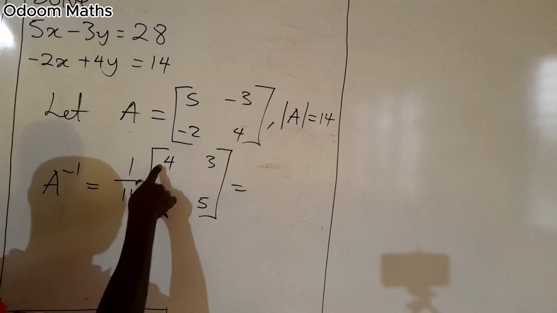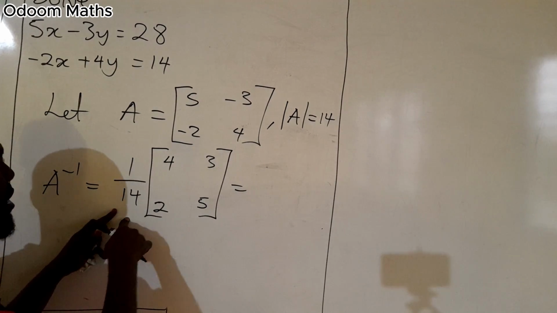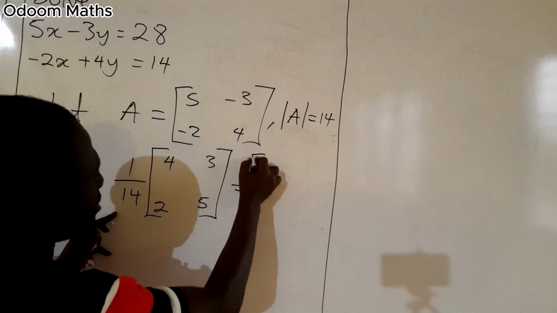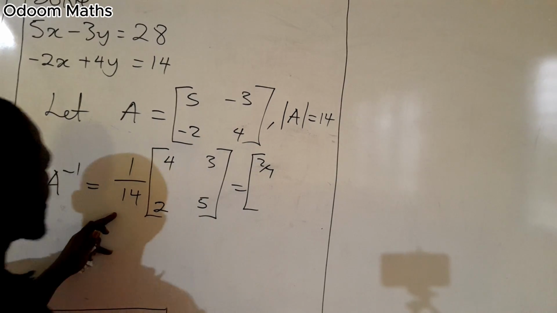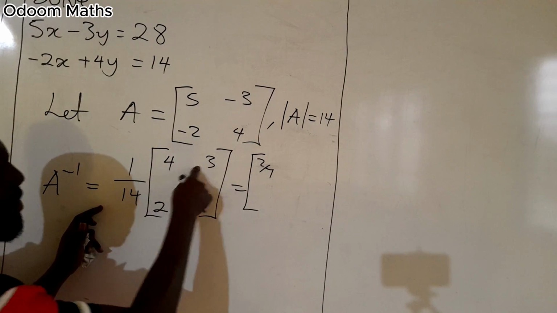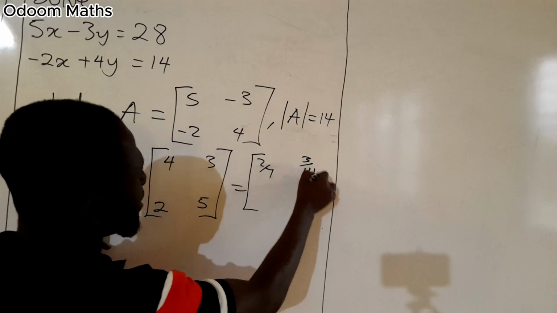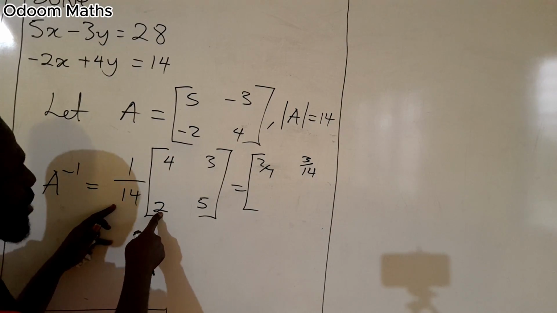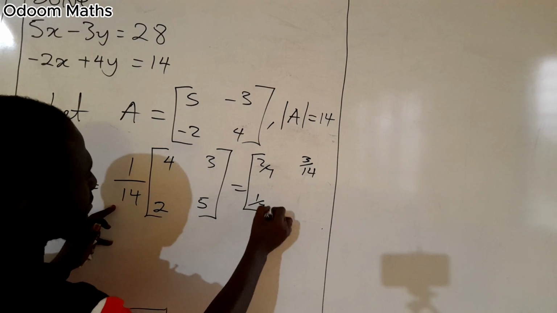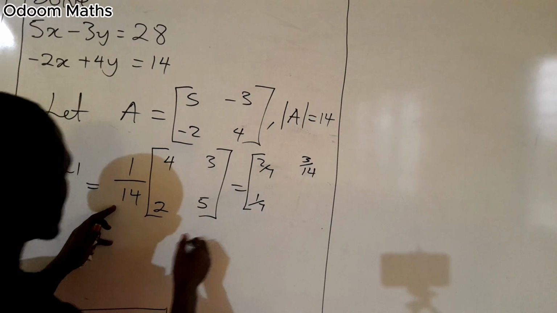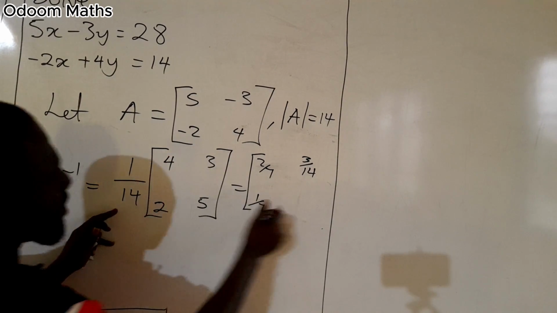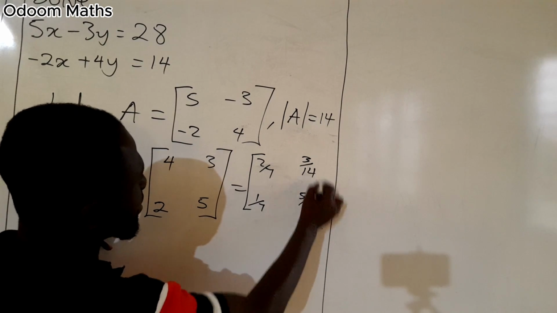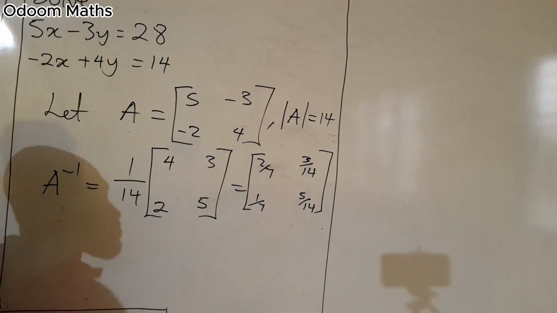Now 1 over 14 times 4 is 2 over 7, then 1 over 14 times 3 becomes 3 over 14, then 1 over 14 times 2 becomes 1 over 7, and 5 times 1 over 14 becomes 5 over 14. Okay, so this is the inverse of the matrix A.